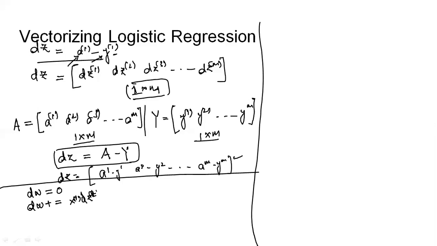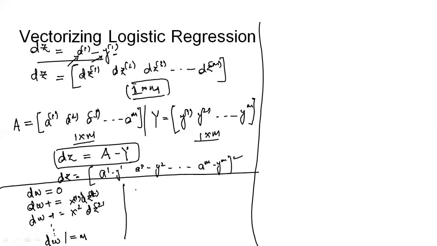And again dw plus equal to x2 dz2, and that goes on till m, because we have m training examples. In the last step, dw divide equal to m. This was the step to find the average over all the m training examples.